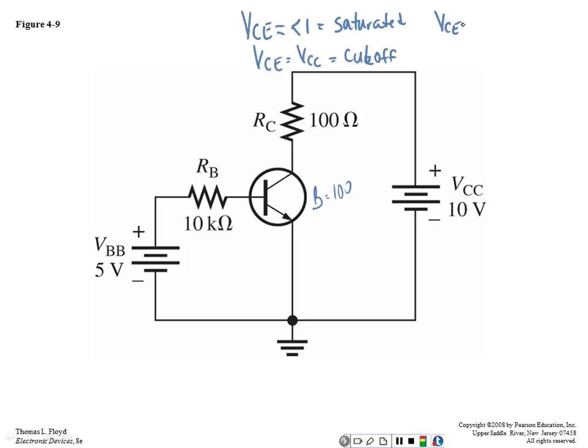If voltage collector to emitter is greater than 1 volt but less than VCC, we consider this to be in the active region. And what we're trying to do is put it right in the center of VCC, and we'll talk about it later on. So this one here is definitely in the active region.